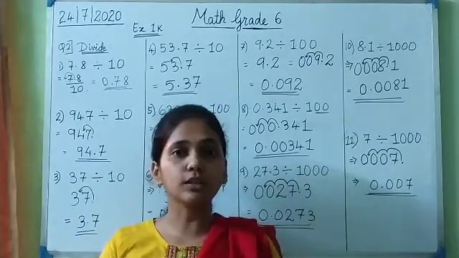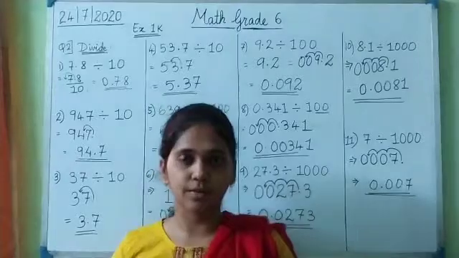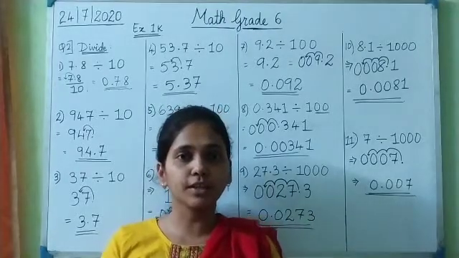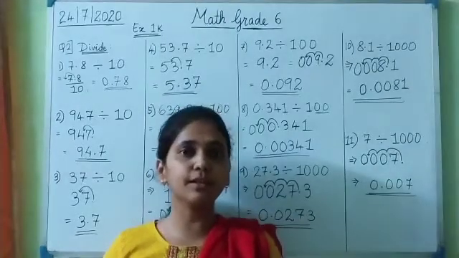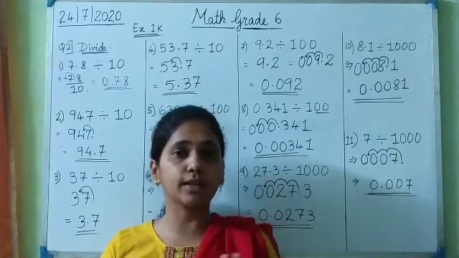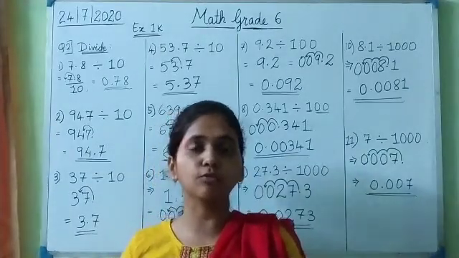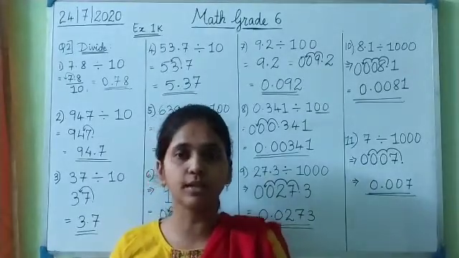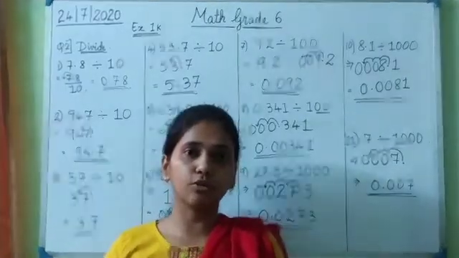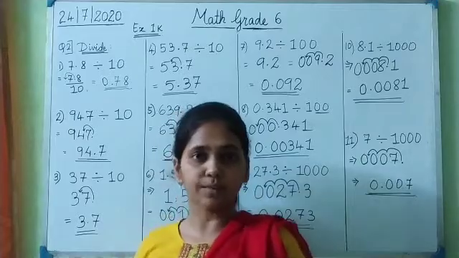We need to have all 3 quantities in the same unit, either all in centimeters or all in meters. So we are going to study conversions now, how to convert meters to centimeters, kilograms to grams and so on.